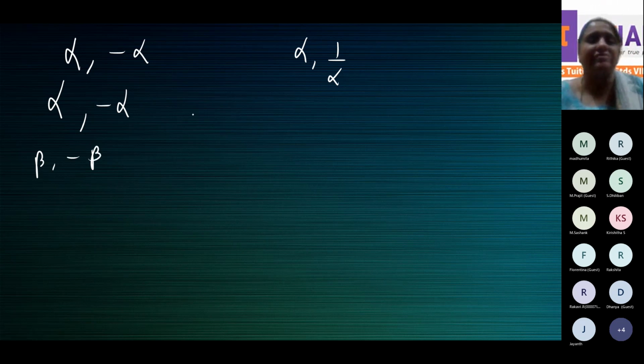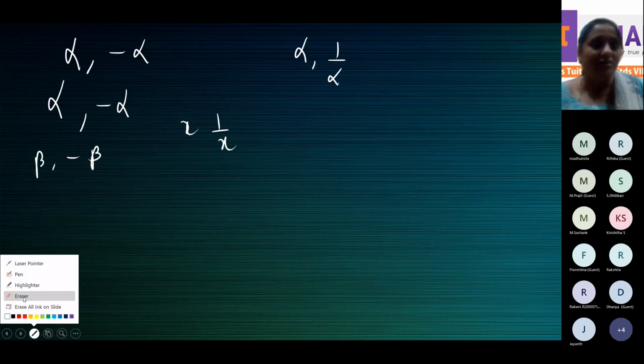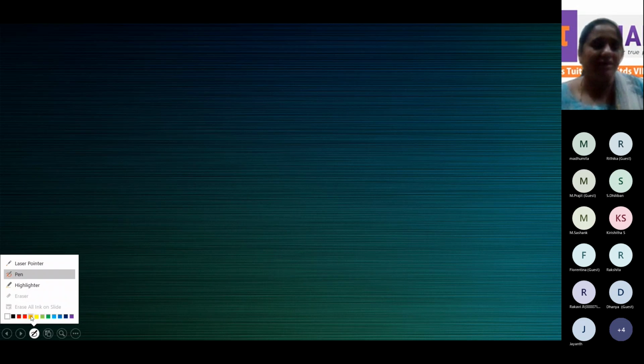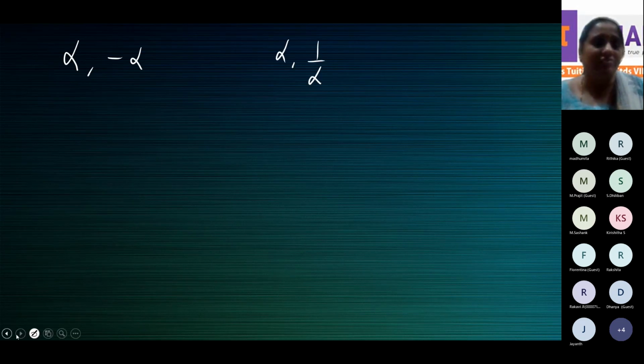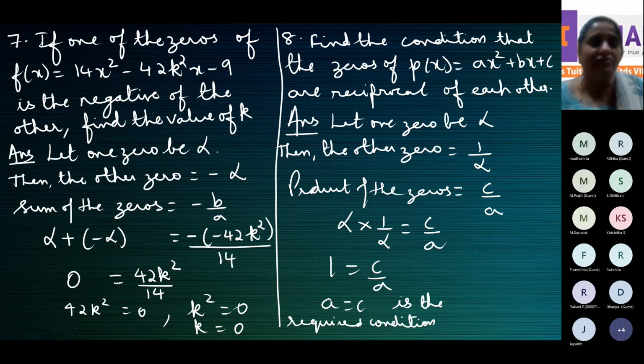You can take x and 1 by x also for that matter, but don't take x because the polynomial is in x. So you can take a and 1 by a, anything. So in the general sense, it is alpha and minus alpha or alpha and 1 by alpha as the case may be. So in the first one, negative: one zero is alpha, so the other one is minus alpha.